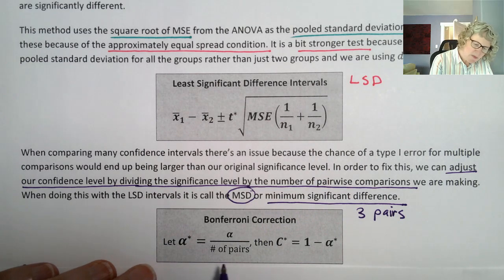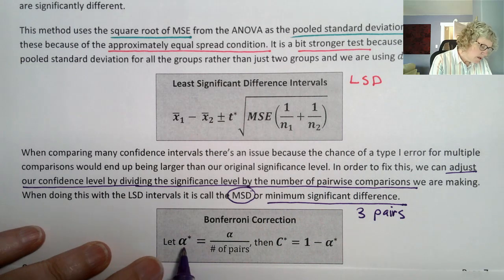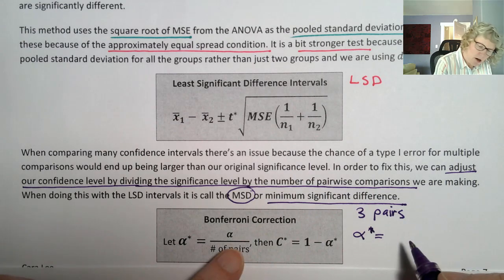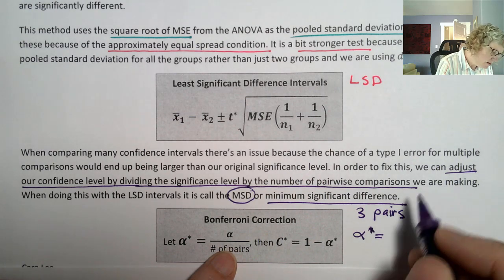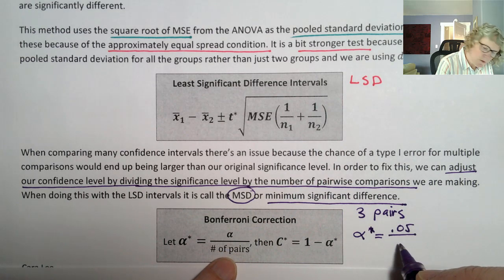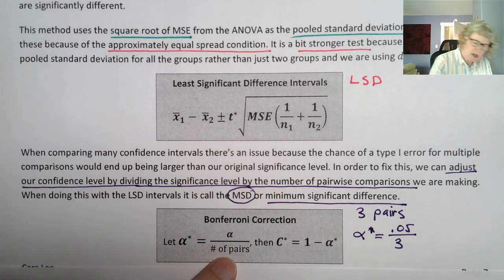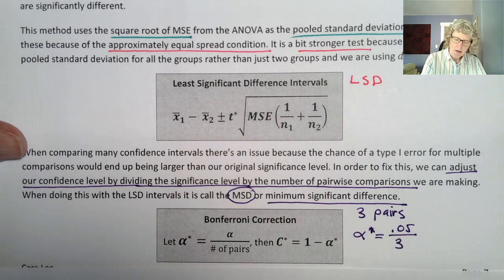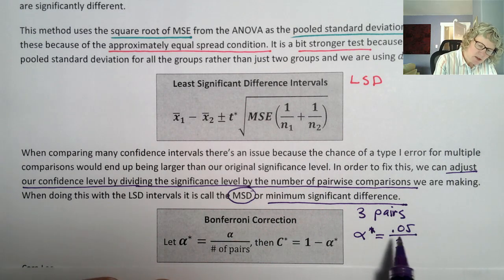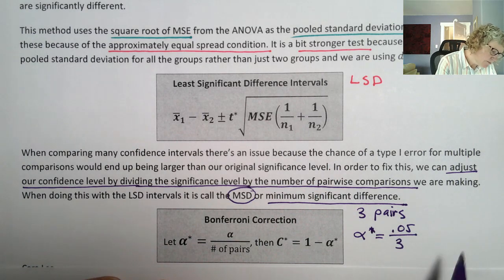So we had 3 pairs, so our alpha star is going to be our original alpha, 0.05 over 3. Okay, 0.05 over 3. So this is a one-tail test, so actually we're only counting the one tail, versus we would adjust if there are 2 tails in the test. So 0.05 divided by 3.